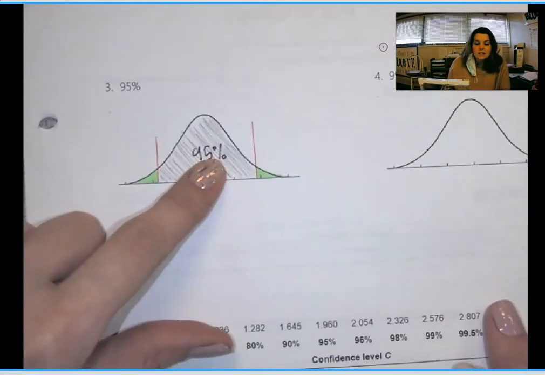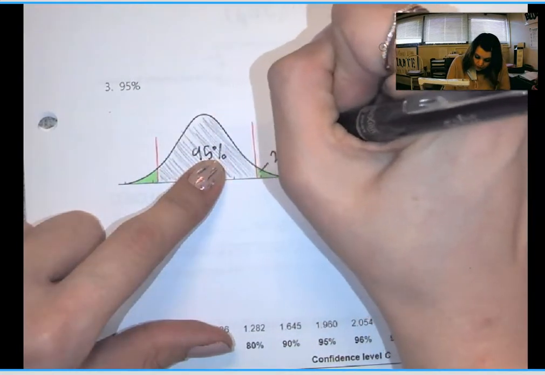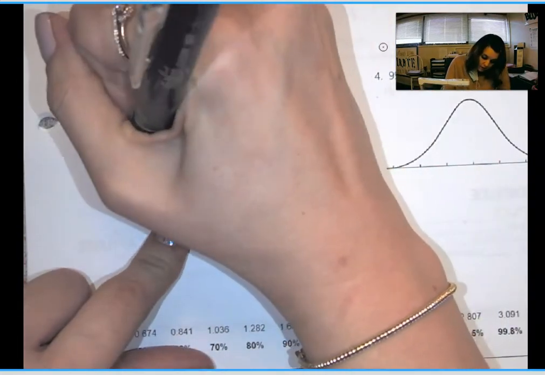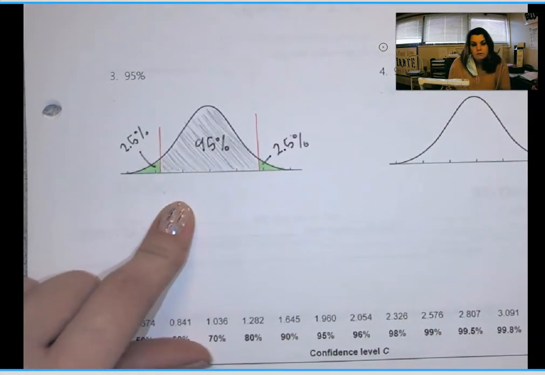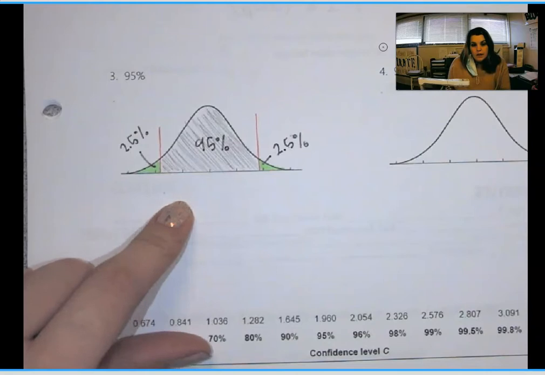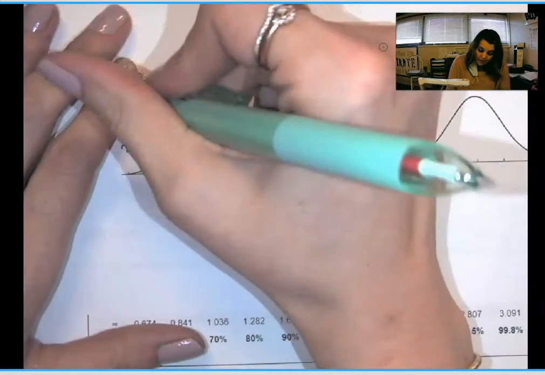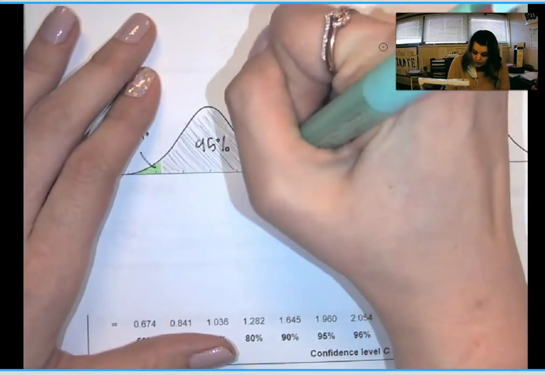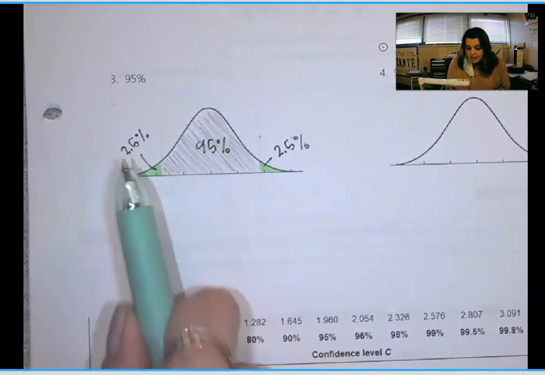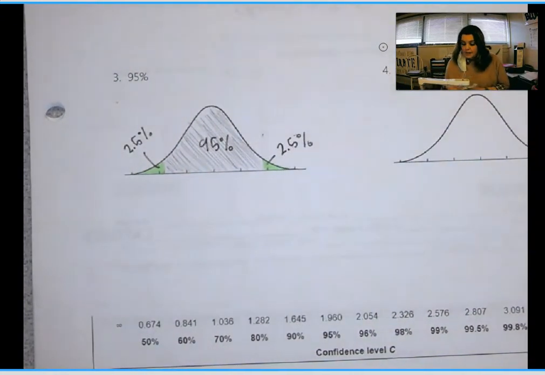So if this is 95%, this is 2.5%. This is 2.5%. If I want to know the z that matches this area, I need to go inside my table.